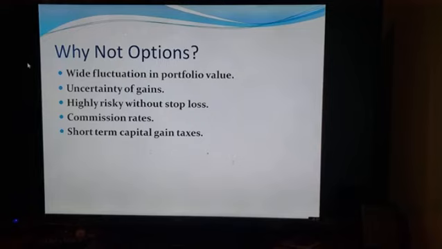If you don't use a stop loss, people here in the USA go for weekly expiry of this week or the next week, and if they don't use a proper stop loss, they lose the whole premium of $200-300. Commission rates might apply depending on the brokers, and short-term capital gains taxes. Options are always considered short-term capital gains, so those taxes will be higher.